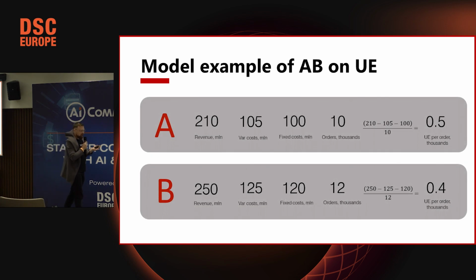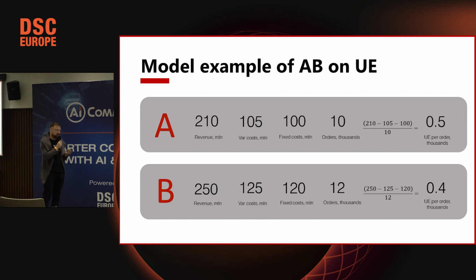Just for example, it's a model example of an A/B test on unit economics. We can see important numbers. For example, for version A we have 210 million, it's our revenue, 105 million it's variable cost, and 100 million it's fixed cost, and 10,000 orders.